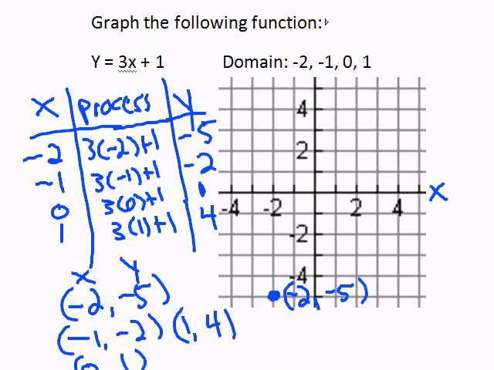All it asks you to do is graph the function, so all you really have to do is plot the points. I'm going to go ahead and label them to help you keep track of where the points are. If x is -1, y is -2, so we go -1 on the x-axis and -2 on the y. Notice, I always do x first and then y. Always input, then output. Okay, 0, then 1, and 1, then 4.